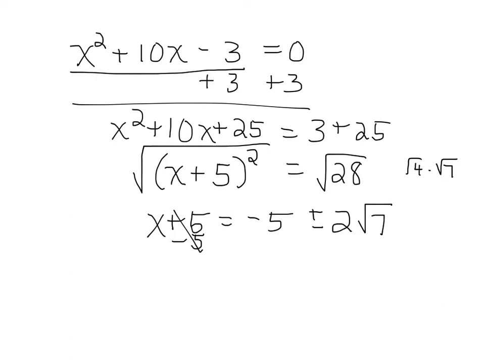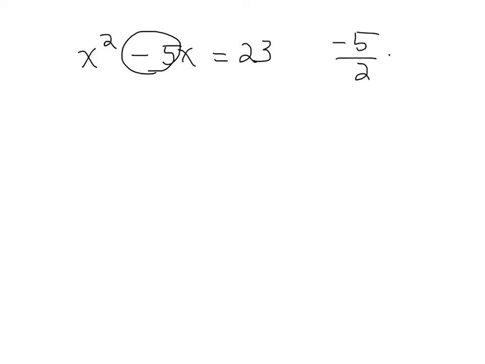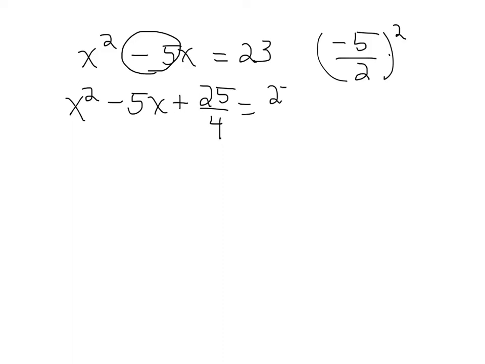I guess I could do one more. Only one of your homework problems is quite this difficult. If I say x squared minus 5x is equal to 23. Well, the thing is, this is not an even number. So I need to find out what half of it is, and then I need to square that to find out what to add. So x squared minus 5x plus 25 over 4 is equal to 23 plus 25 over 4.